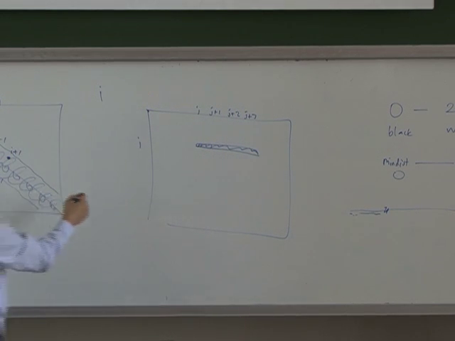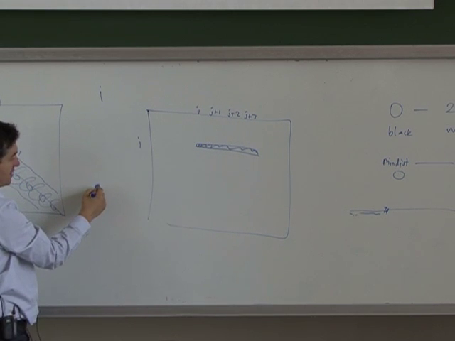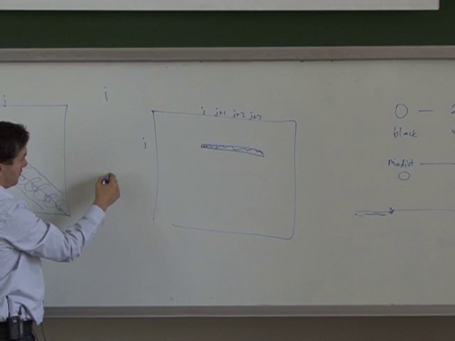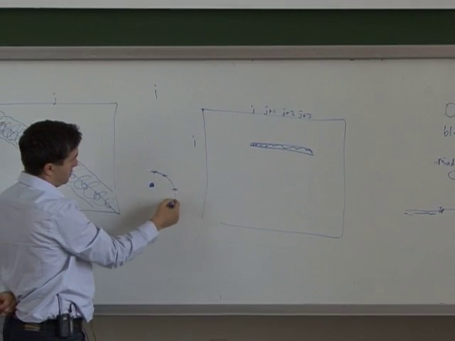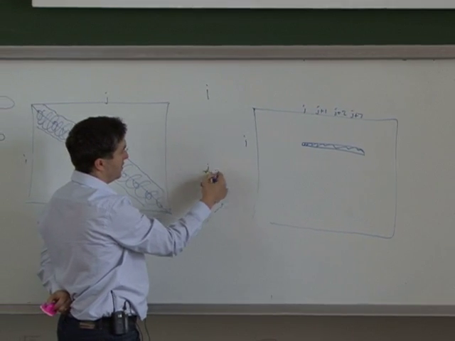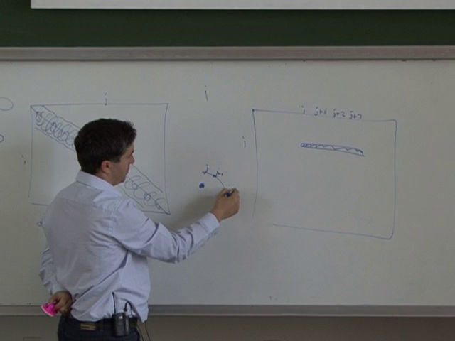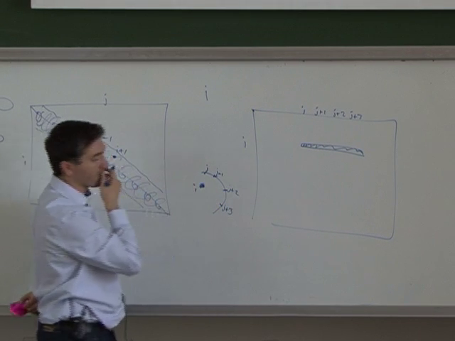What you say is that there is a single amino acid, I. This band is going to represent a single amino acid, I, which is close to lots of amino acids, J plus 1, J plus 2, J plus 3. And this is the ith amino acid.